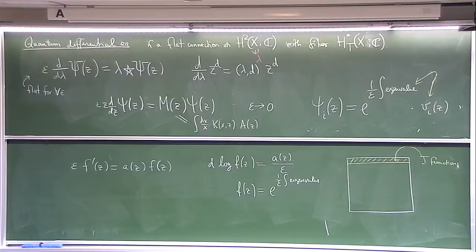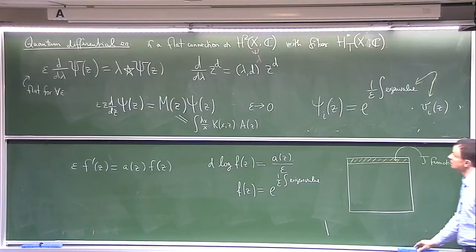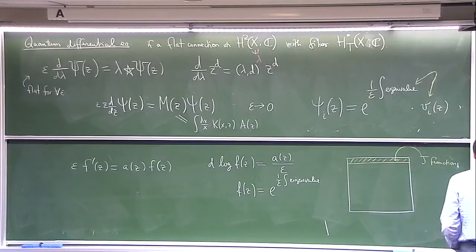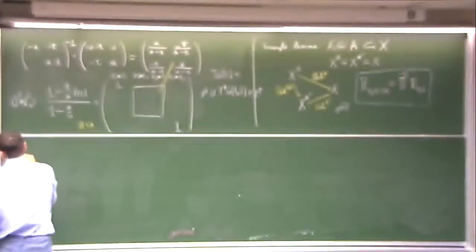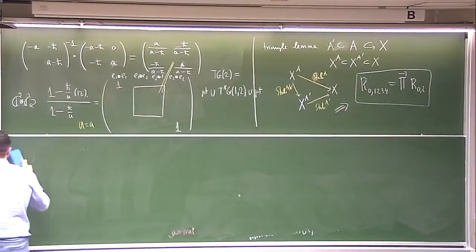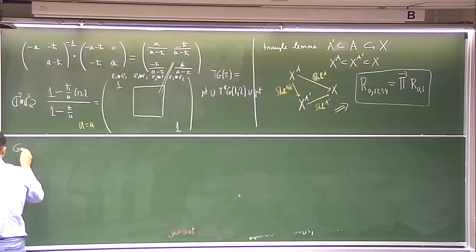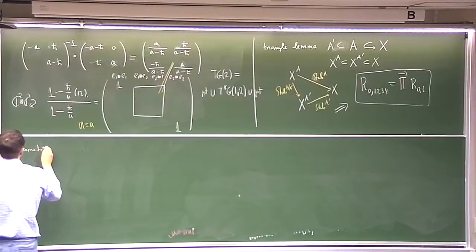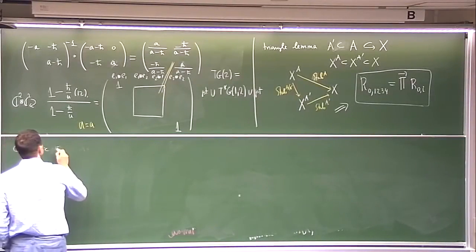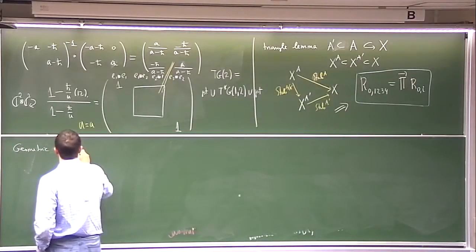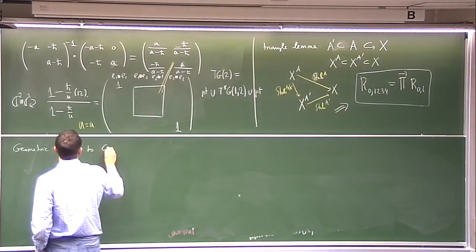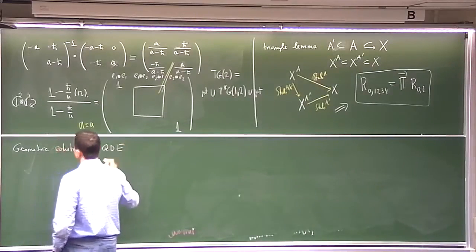solution is. And the solution is the following. So if I have my space X, I need an operator. The solution is a generic solution of this quantum differential equation, this Givental.